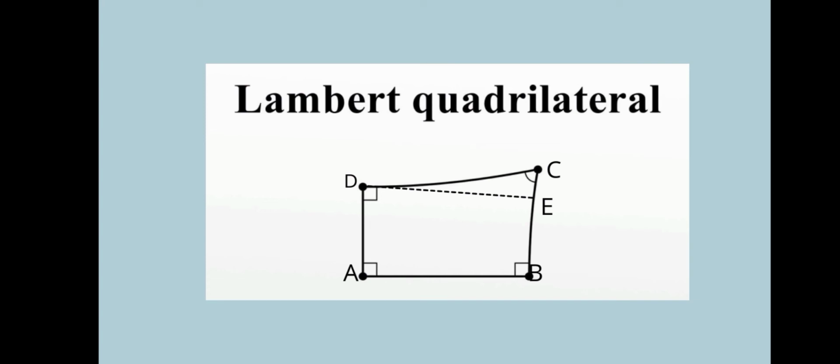Let's then assume that one of the sides adjacent to the angle is greater than the opposite side. We then have BC greater than AD. Let E be on BC such that BE equals AD.